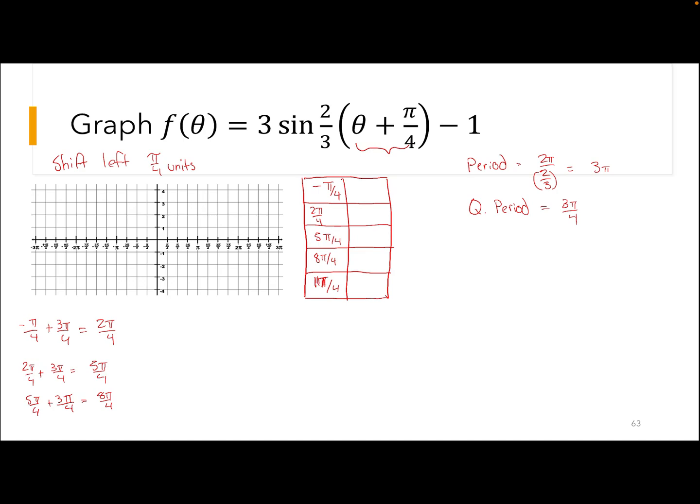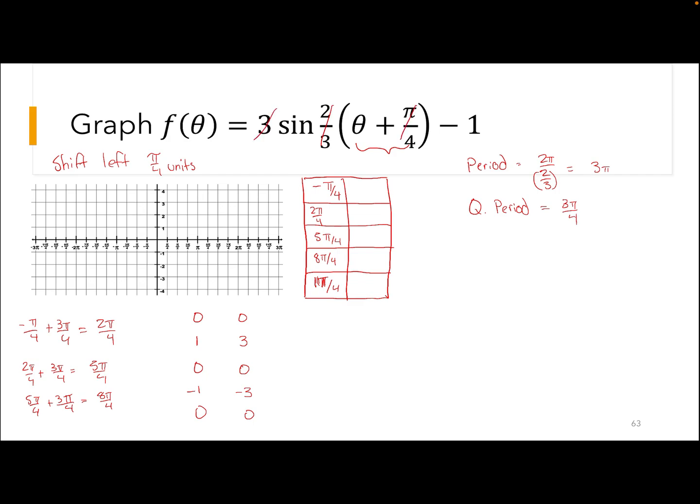Now, our original sine values in our table are 0, 1, 0, -1, and 0. So what we need to do now is multiply all of those values by 3. So that's going to give us 0, 3, 0, -3, and 0. So let's cross out the things that we've done. We've done the 2/3.